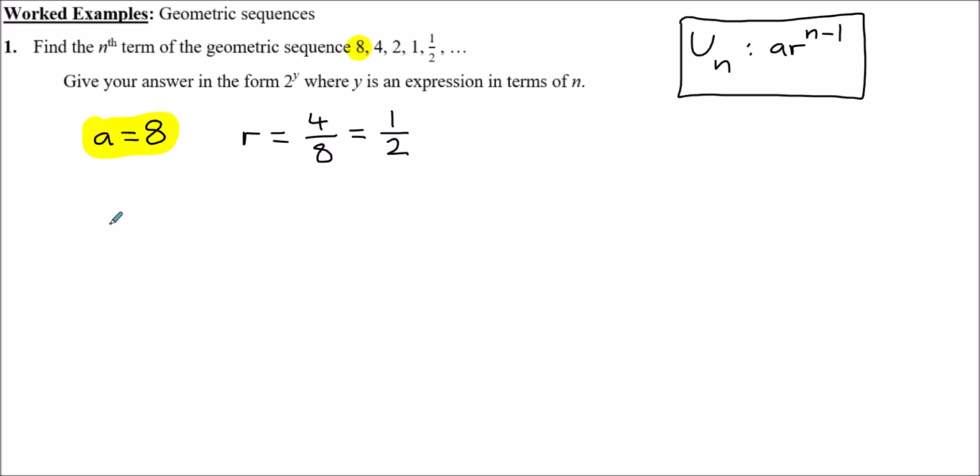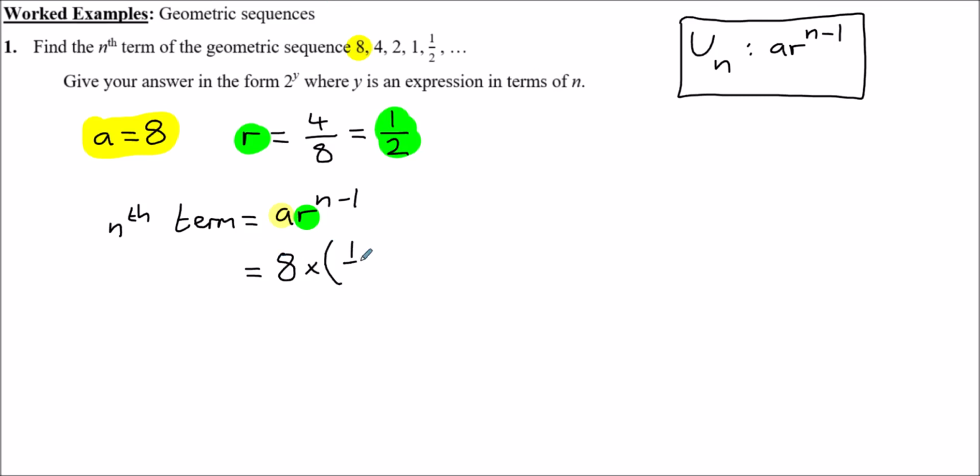So therefore the nth term, which equals AR to the n minus 1, we can plug in now what we know. So we know A is 8, the common ratio is a half, so we can just plug this in. It's going to be 8 multiplied by a half to the power n minus 1.